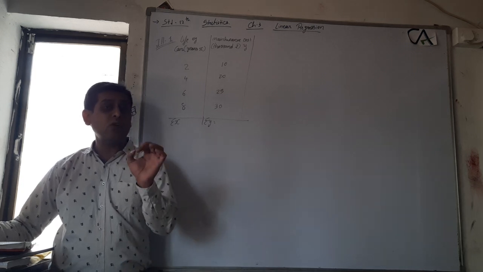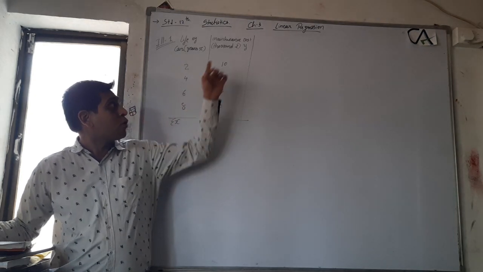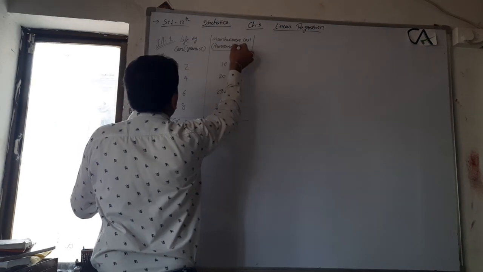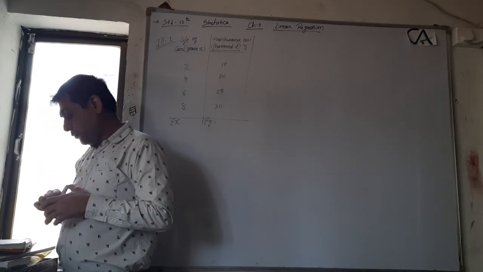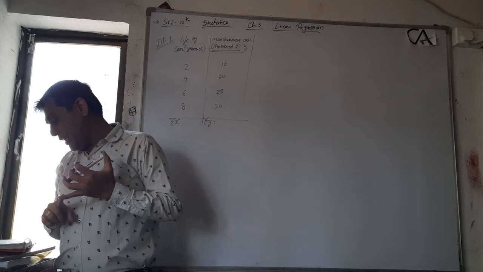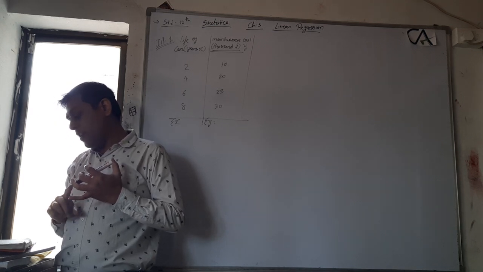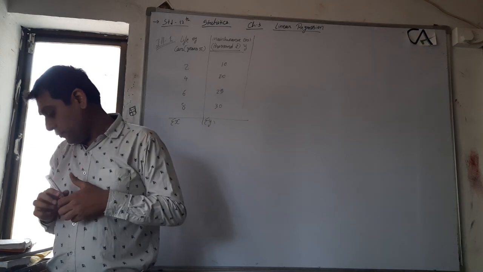See, "in 1000 rupees" is an important phrase. We have to concentrate on that, it is important in the last. Obtain the regression line of maintenance cost on the life of cars. Also estimate the maintenance cost if the life of car is 10 years.